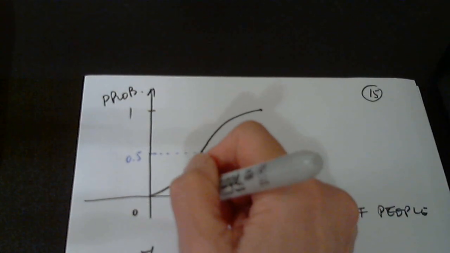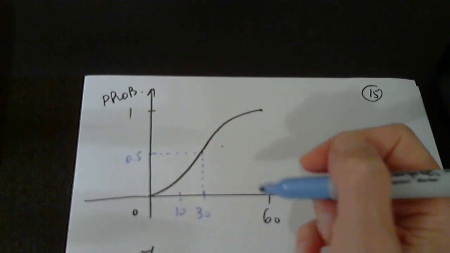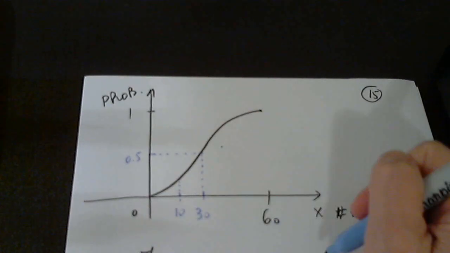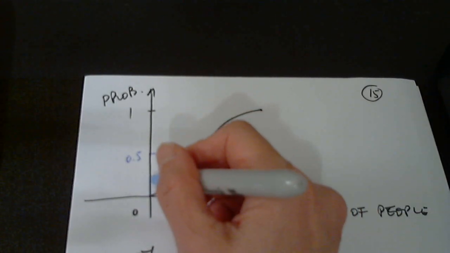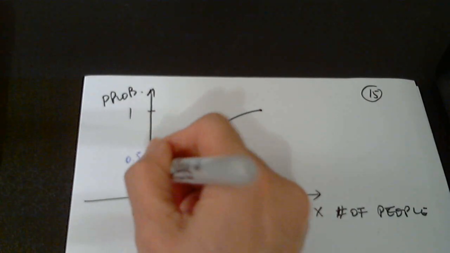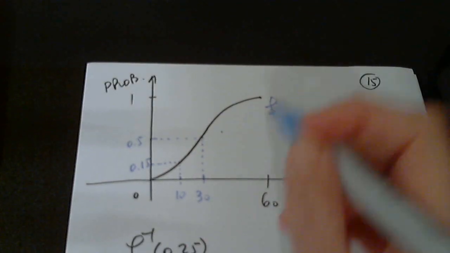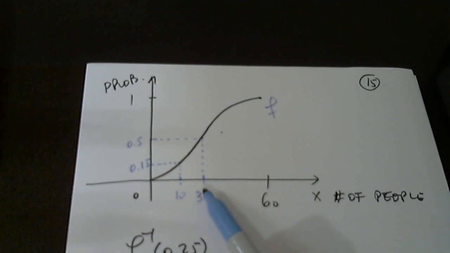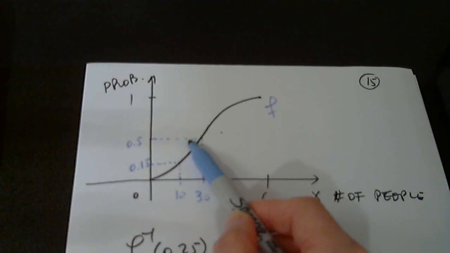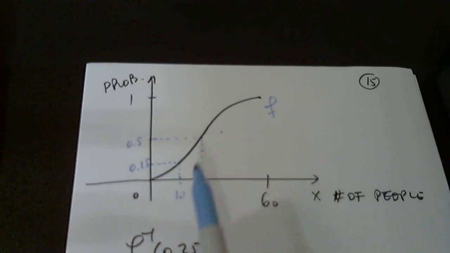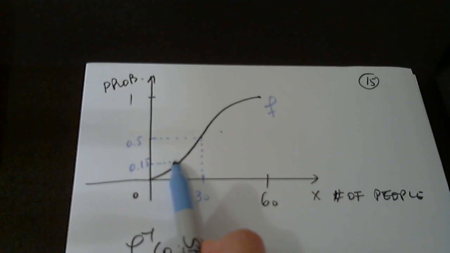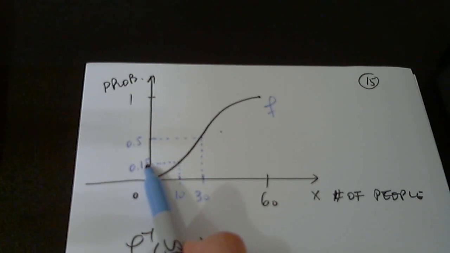If we have 10 people in the room, the probability that 2 of them share the same birthday is 0.15. So according to my example, f of 30 is 0.5. f of 10 is 0.15.